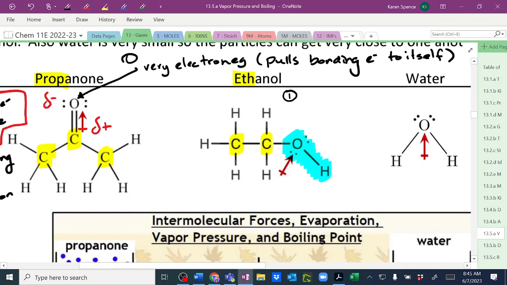And you can see the dipole moment is pointing towards the oxygen. It's the combination of this bond dipole here and this bond dipole here. You can see the net of those two is in that direction, okay? So we do have hydrogen bonding.